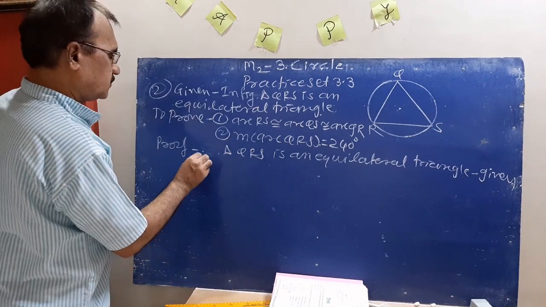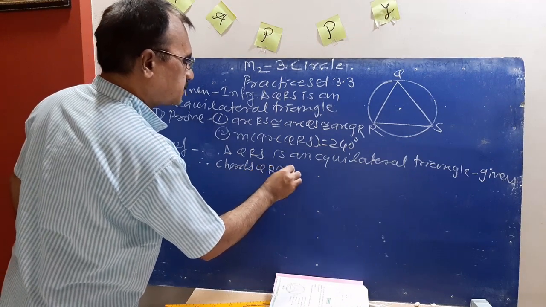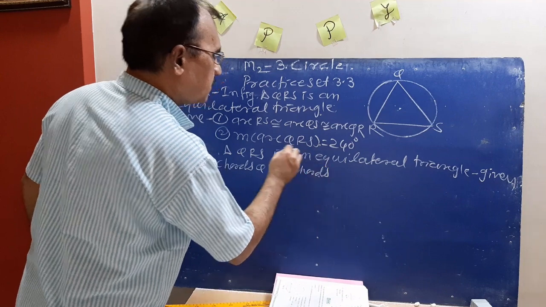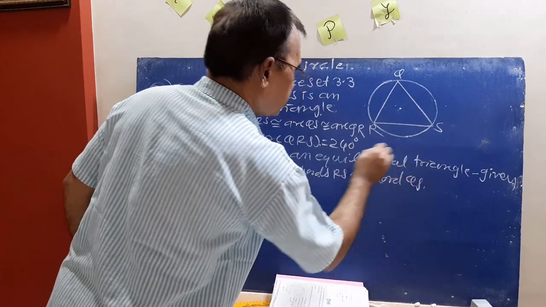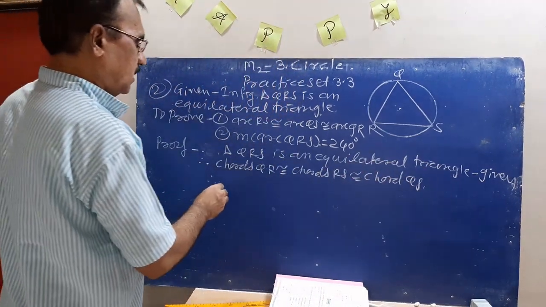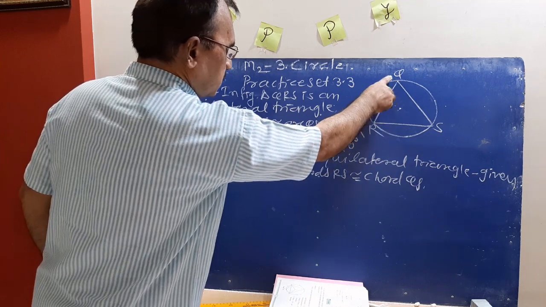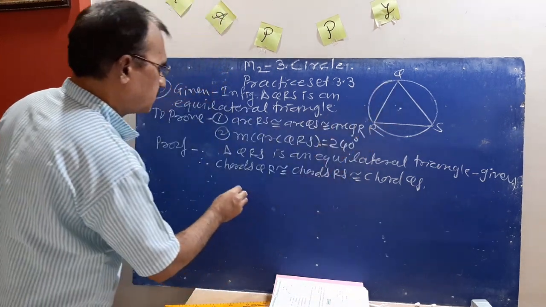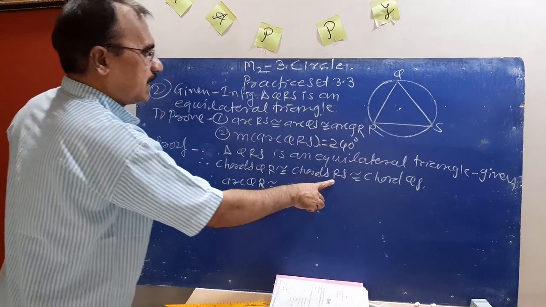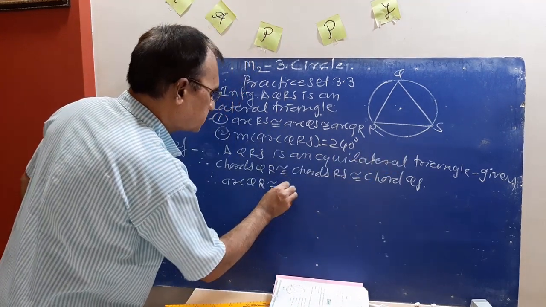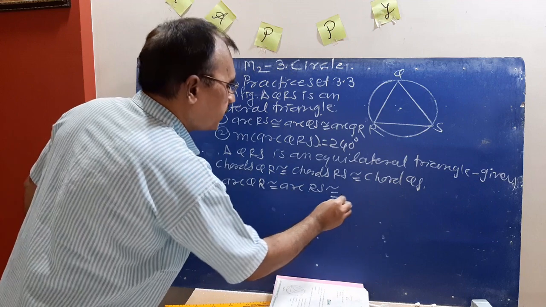If the triangle is an equilateral triangle, therefore chord QR is congruent to chord RS is congruent to chord QS, and therefore the corresponding arc of chord QR is arc QR, the corresponding arc of chord RS is arc RS, and the corresponding arc of chord QS is arc QS.